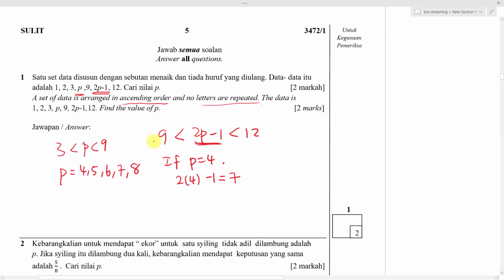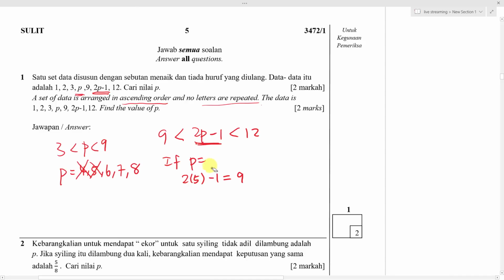But 7 is less than 9, so 4 cannot work. Then let's try P equals 5. I get 2 times 5 minus 1, which is 9. But because the numbers cannot repeat, 9 cannot work either. So 5 is out.